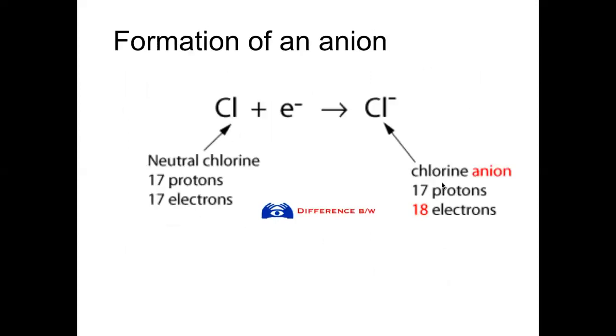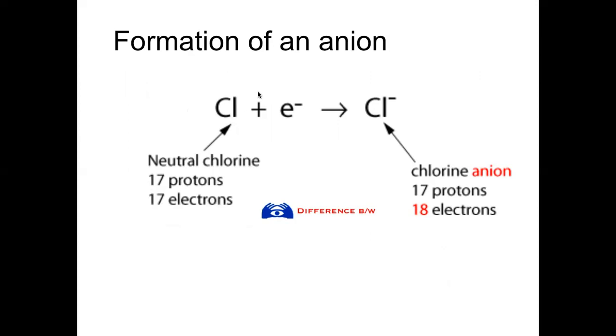So here is just what we would use as an equation for the formation of an anion. Let's say that we have this atom here, chlorine, and if it's a neutral chlorine, we can find this out from the periodic table, we have 17 protons and 17 electrons. So everything's equal, there's no charge.